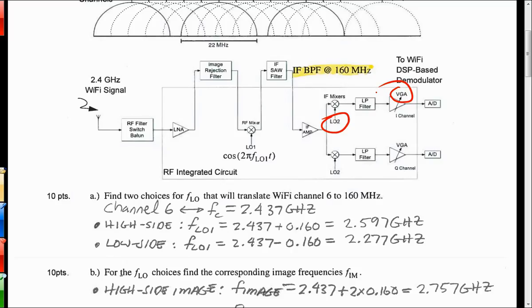Why do you suppose you'd want that VGA in front of the A to D converter? It's not part of this class, but just reasoning it out from a signals standpoint. Suppose you only have an 8-bit converter, not a really high resolution converter. If the signal is too tiny and it only gets to spread itself over 8 bits, which is 256 levels, and it's, say, only a quarter of that, then you're only getting an effective number of bits of 4.